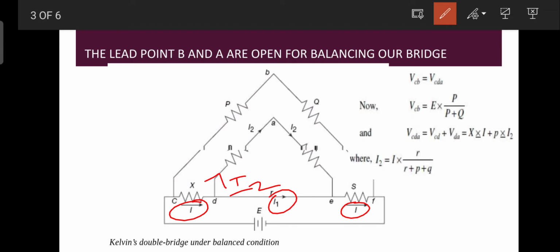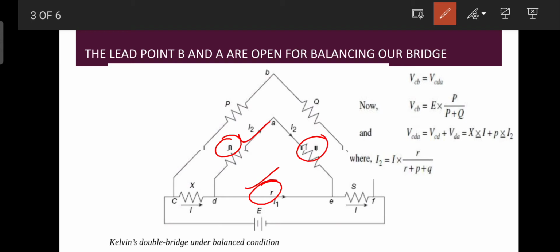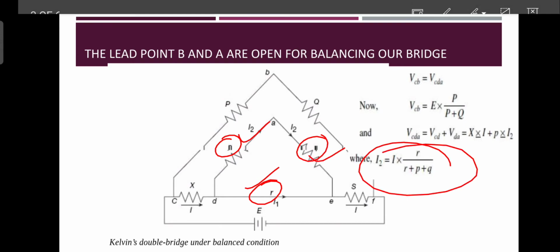Or I2 is equal to the total current into the opposite arm resistance, that is small resistance R, divided by the total resistance, that is R plus small p plus small q.